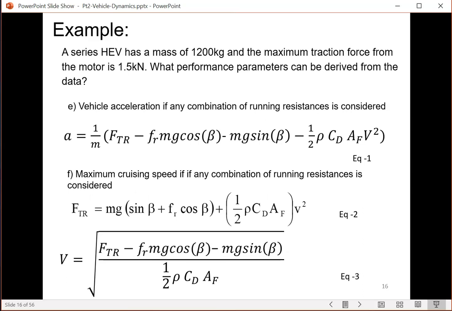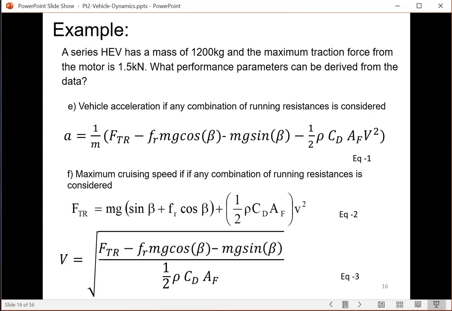And you can also work out the acceleration if there are different running resistances that need to be considered. In the previous cases, I did calculate the ideal case when there's no running resistance at all.